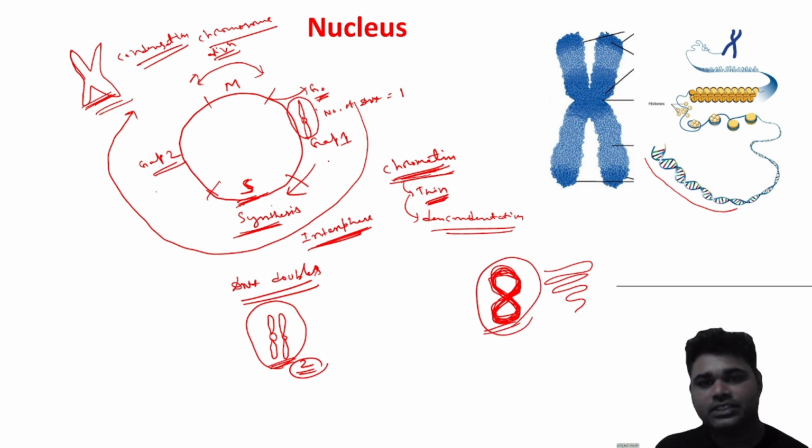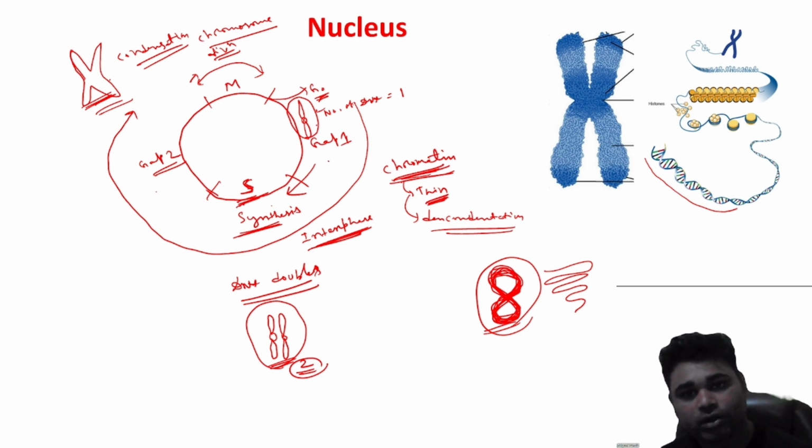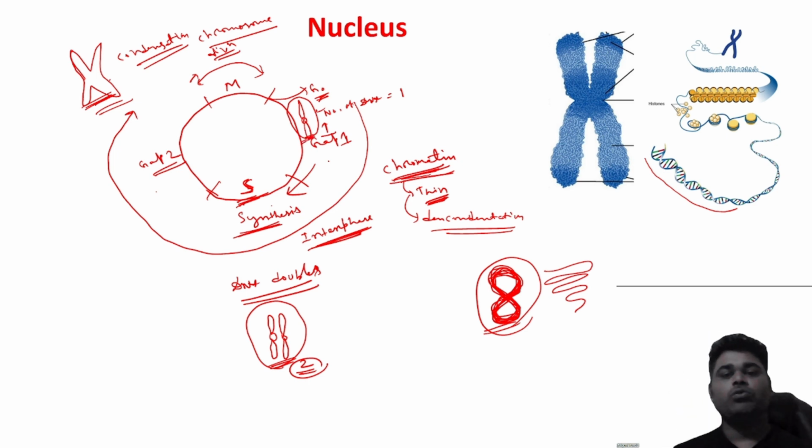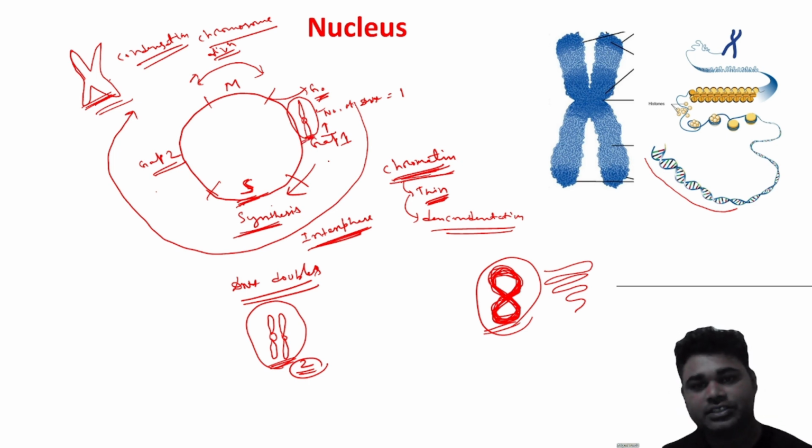So this chromatin, this chromosome, is simply the DNA. Once this DNA wraps around each other, it forms the chromosome and the chromatin. In one chromatin, one DNA structure is present. Here one DNA wraps around each other, and it forms a structure like this.